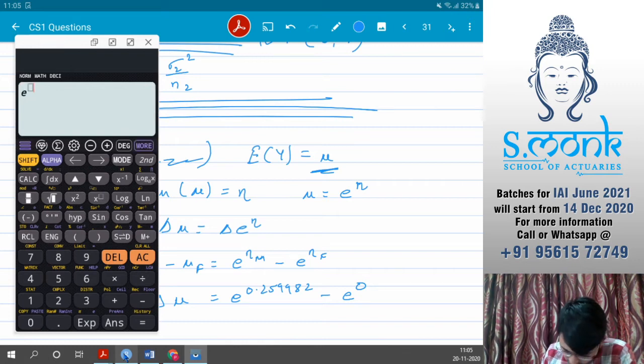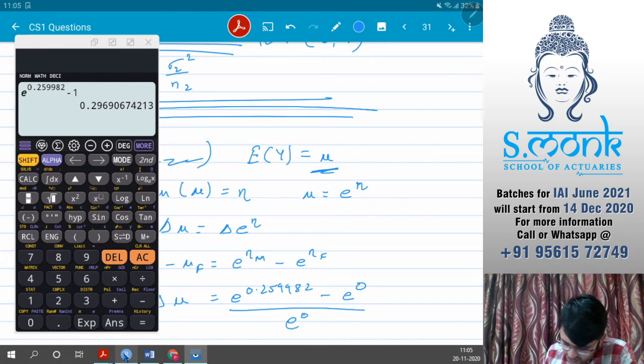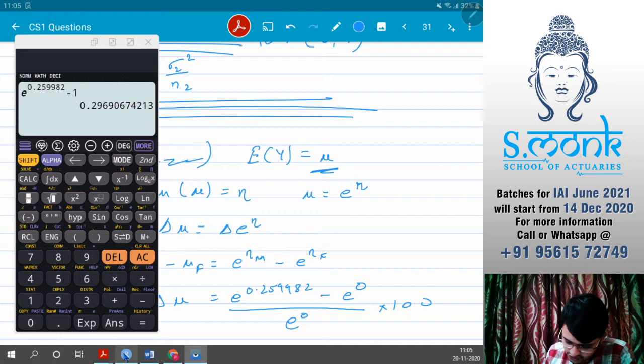You can definitely do this in R. If you want to write this in percentage, then you will divide by e raised to 0 and then multiply by 100. Anyways, e raised to 0 is 1, so you can say 29.69%.